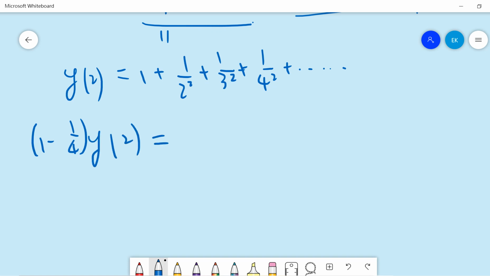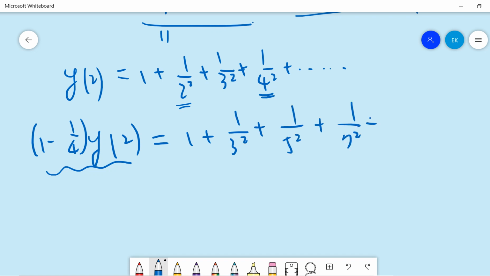So it becomes, now this 1 over 4 will cancel this term, right? So basically it becomes like this. So only the odd number survives.